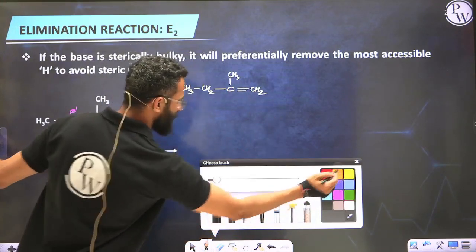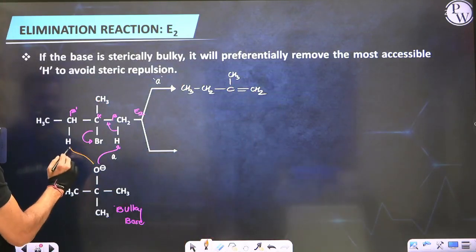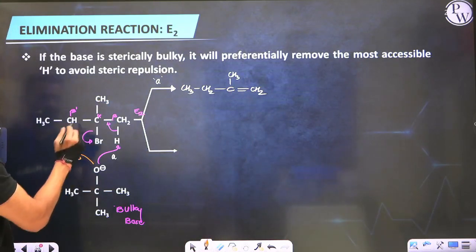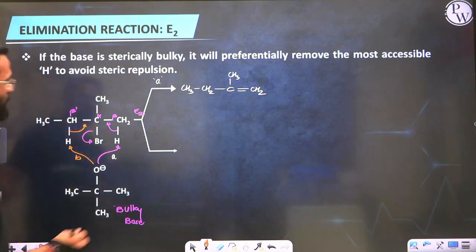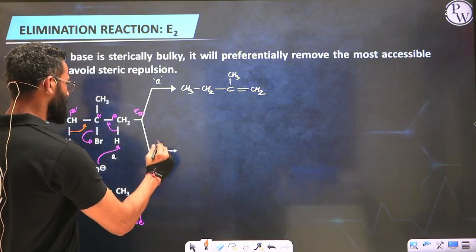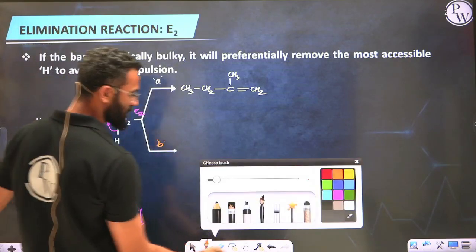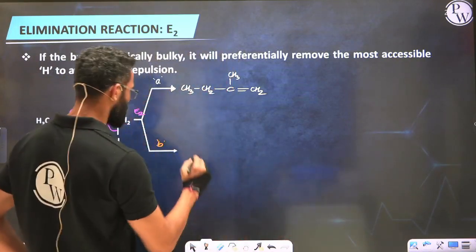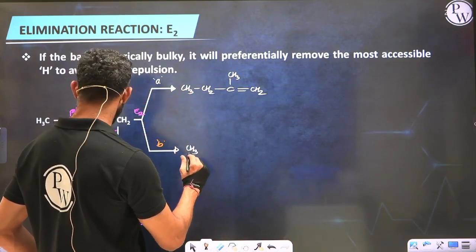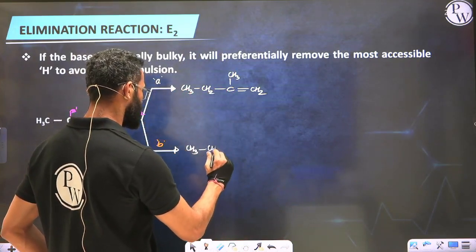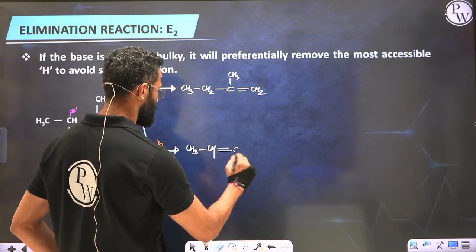Whereas if the base abstracts hydrogen from beta dash, then the product via path B will be more substituted, but it is difficult for the bulkier base to abstract because it is not an easily accessible hydrogen atom. Right?